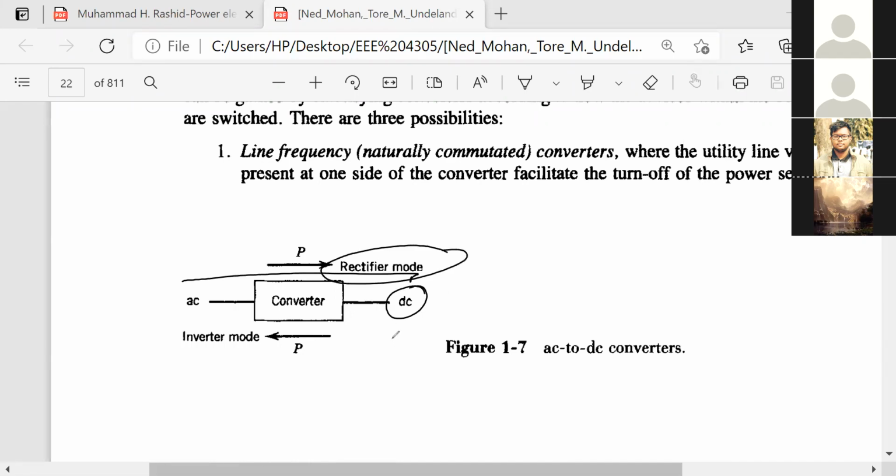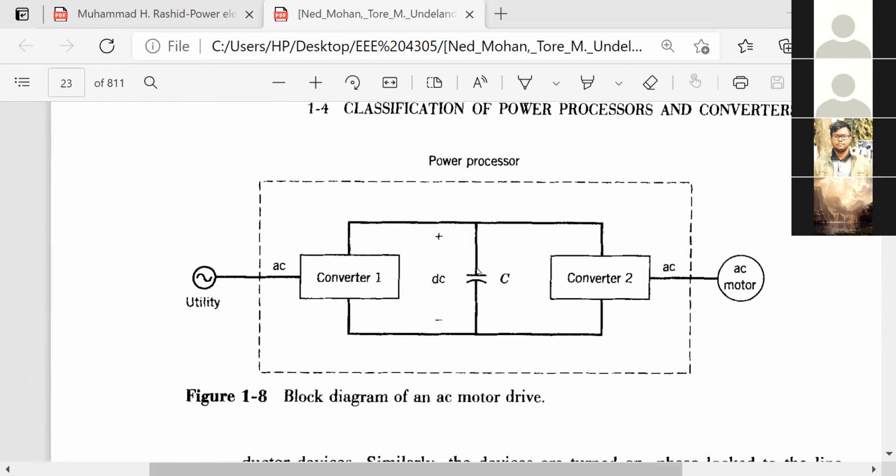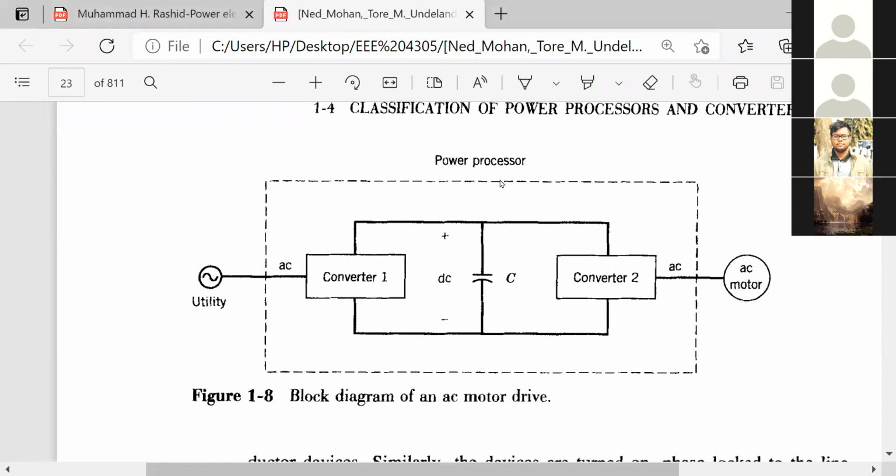And if you can feed the power back to the input also, then we call it inverting mode. We will go into details of all these things. Here they have used energy storage elements. This is one converter. This is another converter.